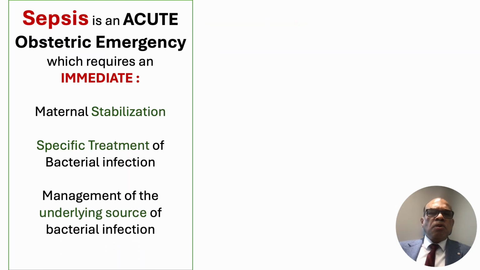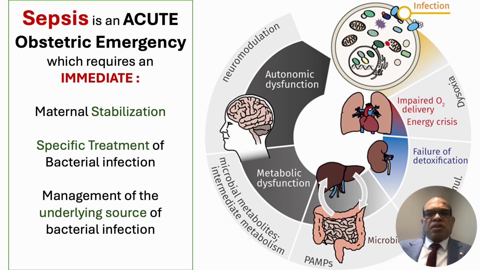So, we are going to look at sepsis as an acute obstetric emergency, which requires an immediate management. And the management includes maternal stabilization, specific treatment of bacterial infection, and then management of the underlying source of bacterial infection.